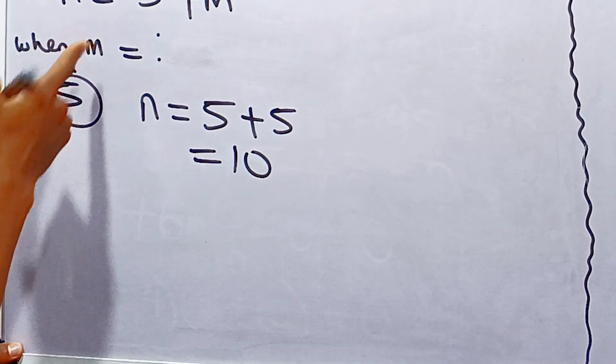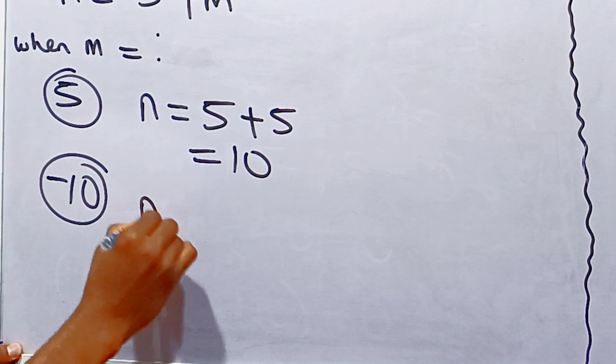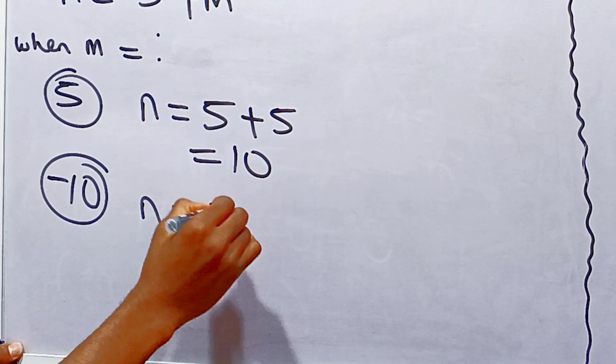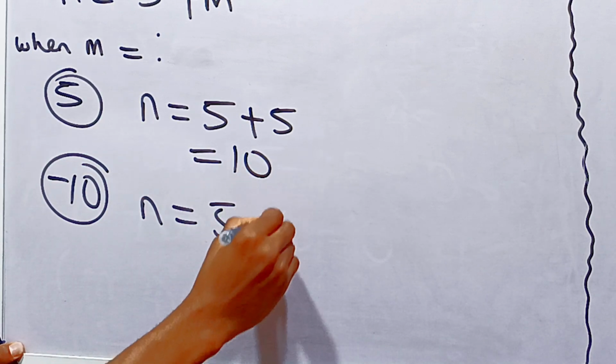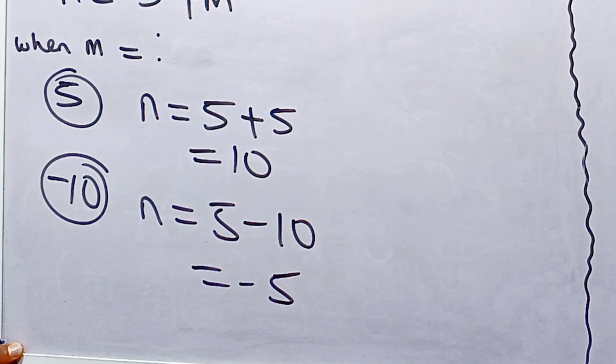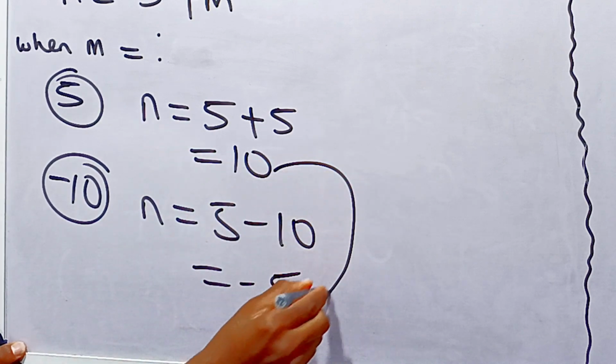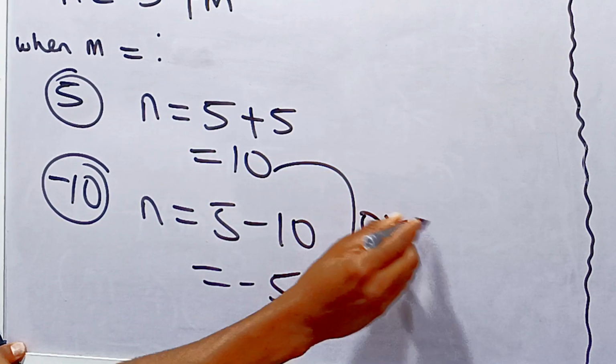When m is equal to negative 10, n will be equal to 5 plus negative 10, which is 5 minus 10, which is equal to negative 5. So n is equal to 10 or negative 5.